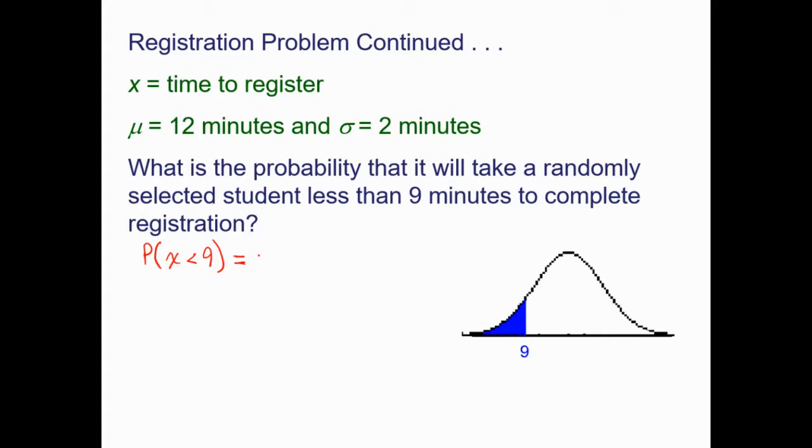So to standardize the 9 and turn the x into a z, we'll do 9 minus 12. So our value minus our mean, divided by the standard deviation.